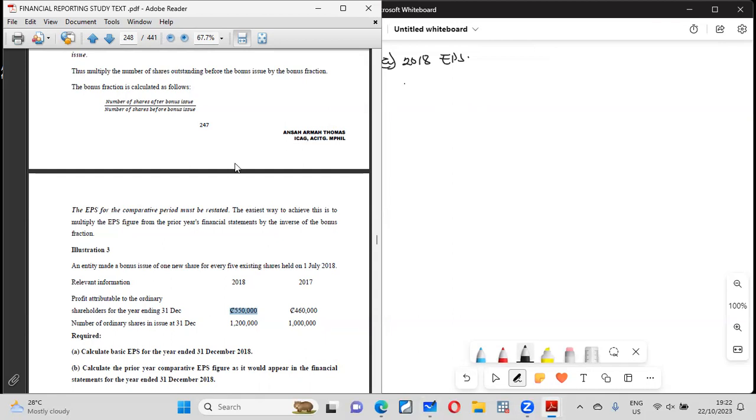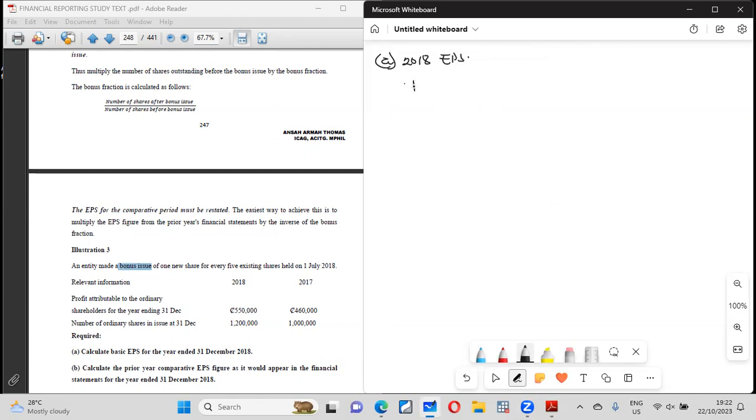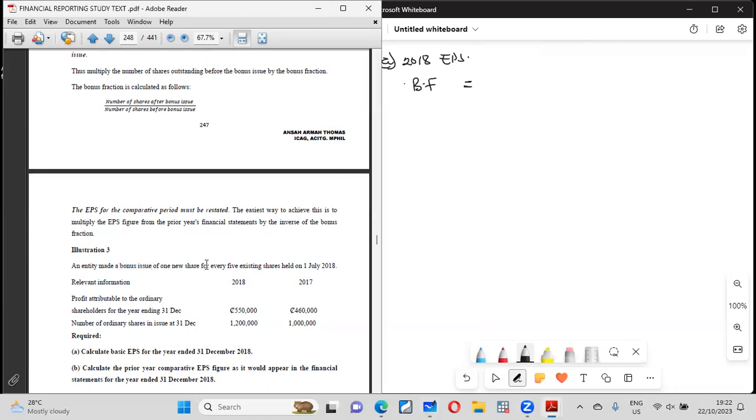Step 1, they did the bonus issue. You saw it here. So step 1 is let's get our bonus fraction. So bonus fraction, BF. So what will be the number of shares that will be there after over the number of shares that will be there before? So yes, who can tell me from this statement? 1 new share for every 5 existing.